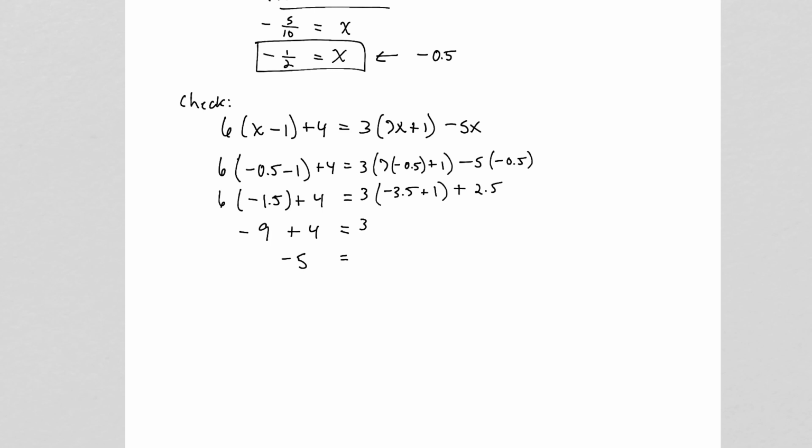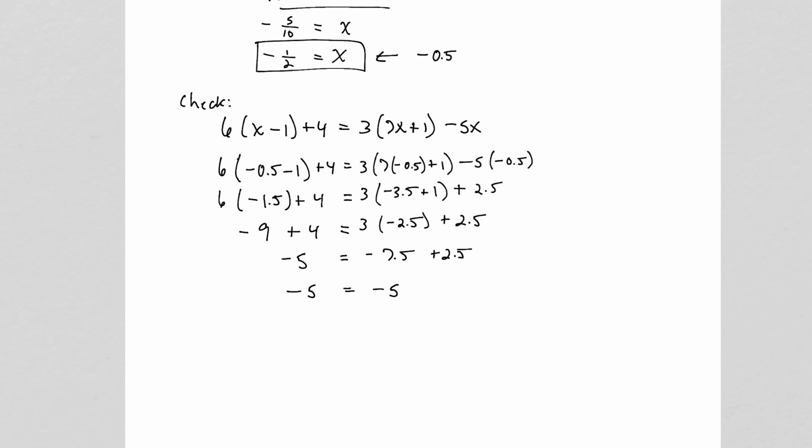And again, I'm following the order of operations, so I'm going to continue to work in these parentheses. So negative 3.5 plus 1 is negative 2.5. 3 times negative 2.5 is negative 7.5 plus 2.5. And finally, negative 7.5 plus 2.5 is negative 5.